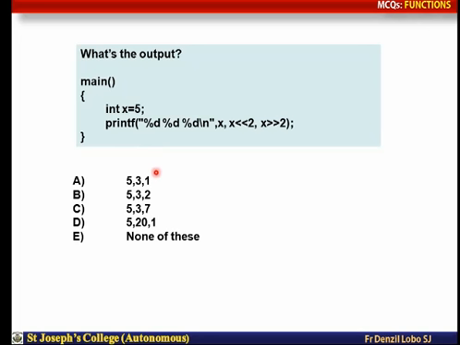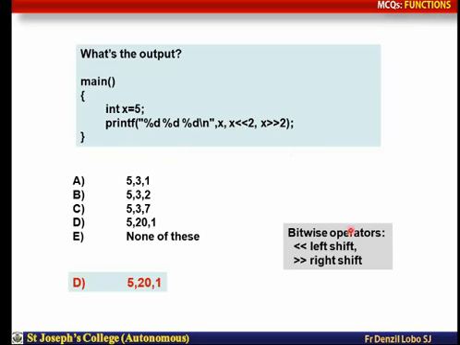What's the output of this? This is left shift and this is right shift. It is going to be 5, 20, 1. These are called bitwise operators, left shift and right shift. What happens here? x prints 5.